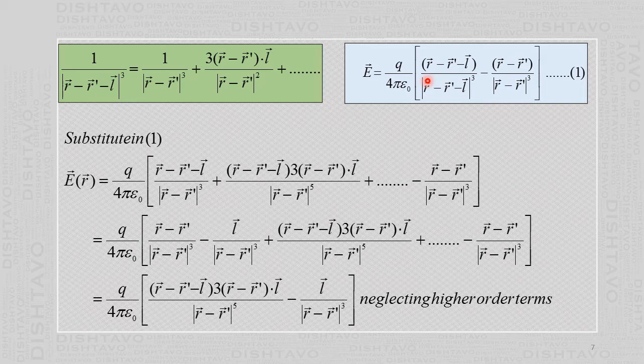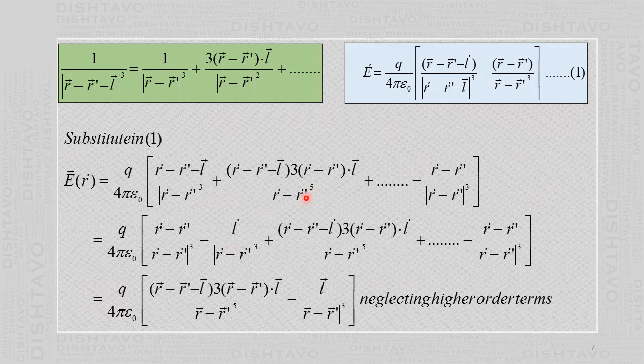So this term is the first term, second term, and dot dot dot, and what is written here last is this term. Okay, so it is minus r minus r dash divided by modulus of r minus r dash cube. So this first term is this part, then the second term is this part. Then this r minus r dash minus l is split into two, r minus r dash and minus l. So r minus r dash divided by modulus of r minus r dash cube is this, minus l by modulus of r minus r dash cube.